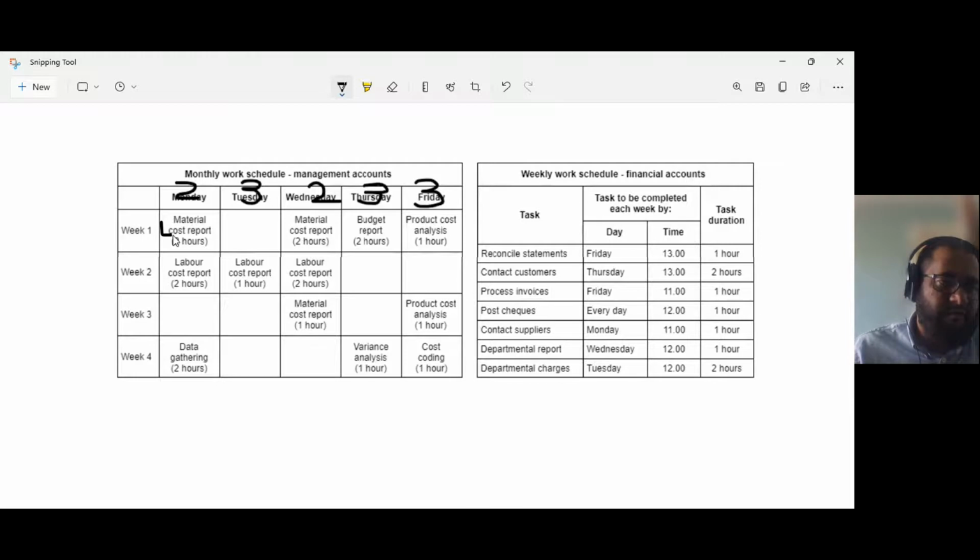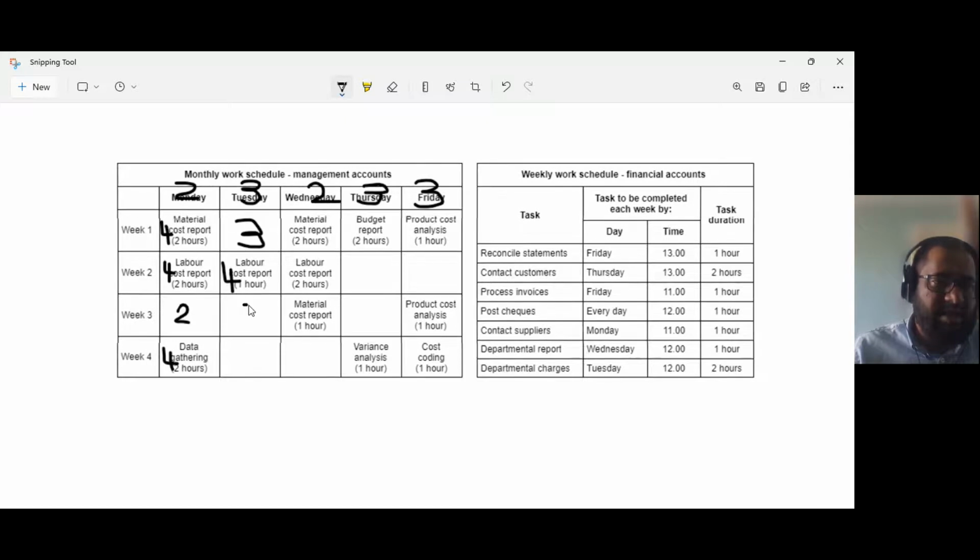So we know we have 4 hours that day, 4 hours that day, 2 hours that day, and 4 hours. Let's go back to here. 3 hours that day, 4 hours that day, 3 hours that day, and 3 hours that day. So again, we have 4 hours this day, 4 hours this day, 3 hours, and 2 hours.